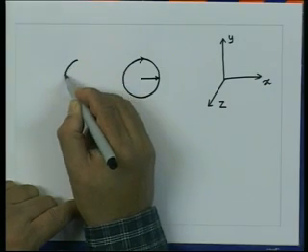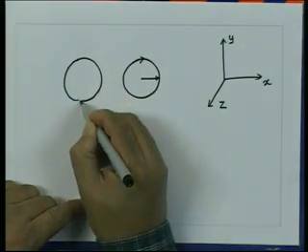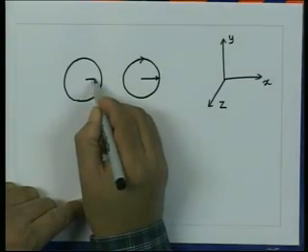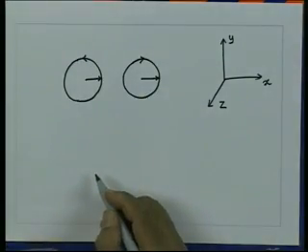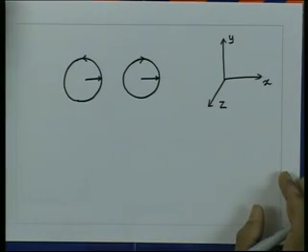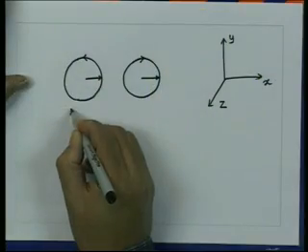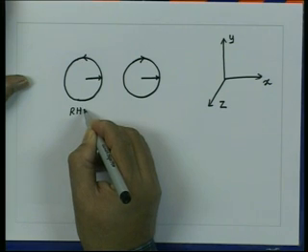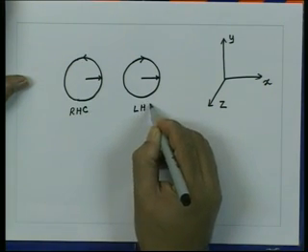Similarly, if I consider a wave of unit amplitude whose vector is rotating in the anti-clockwise direction, that will represent a circularly polarized wave with unit amplitude with right handed sense. So, this is the right handed circularly polarized wave and this is the left handed circularly polarized wave.